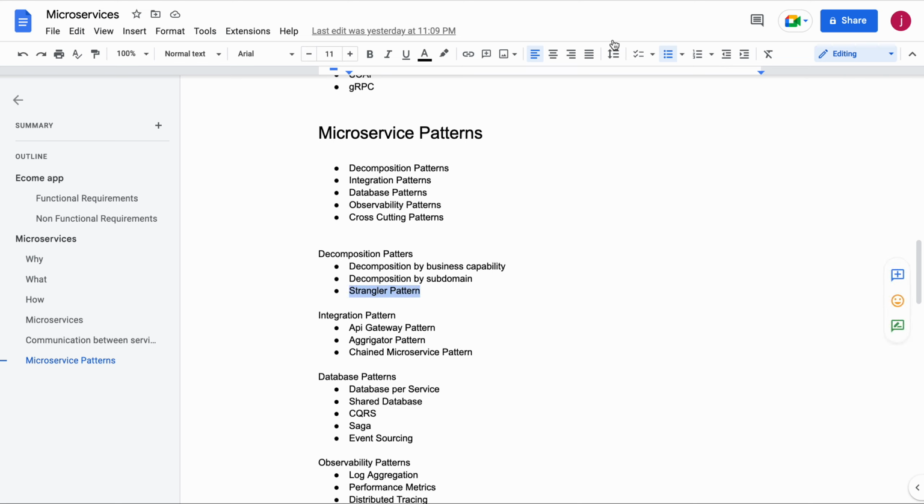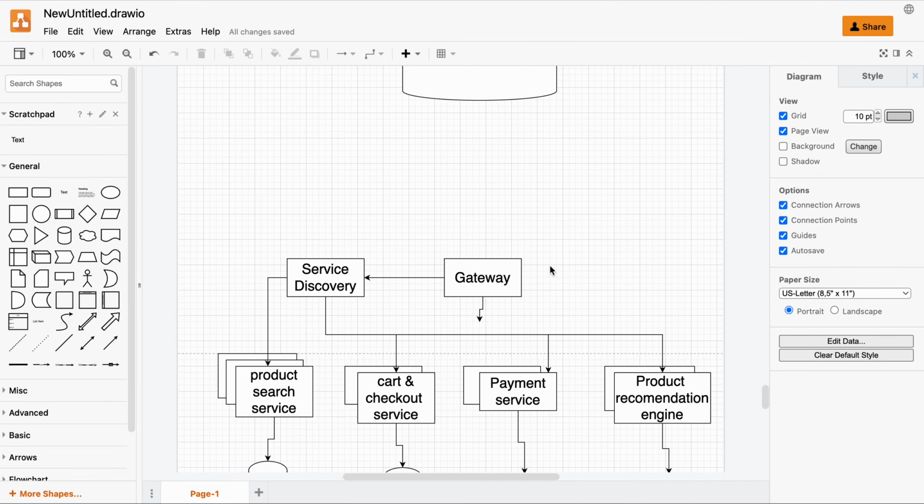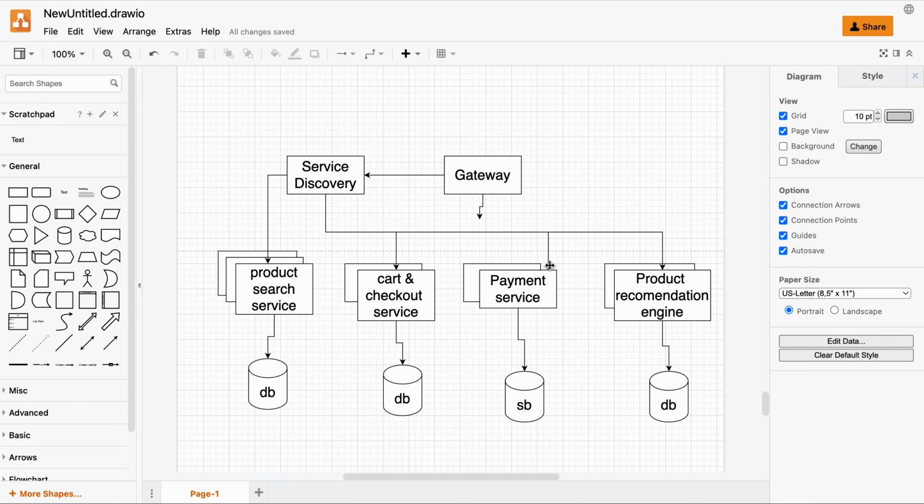What you would be doing is strangling the existing monolith, and one by one spinning out and separating out new services, and starting to serve requests from those new services. In the meantime, you would be required to accommodate everything in the ongoing process, so you would be using multiple adapters.